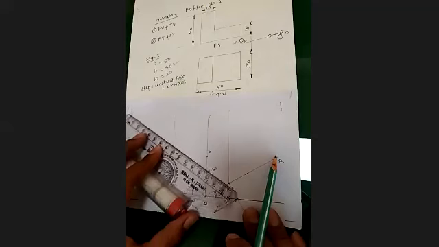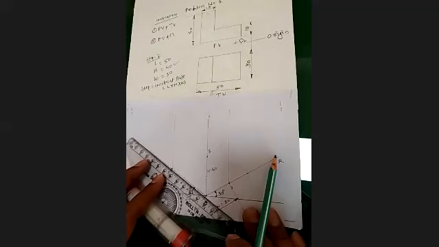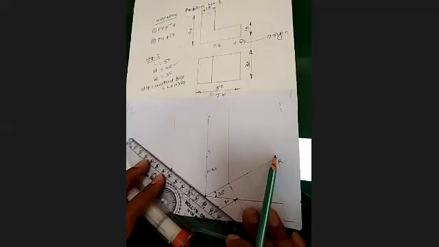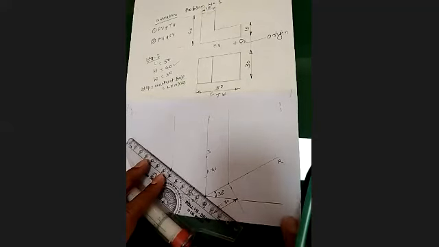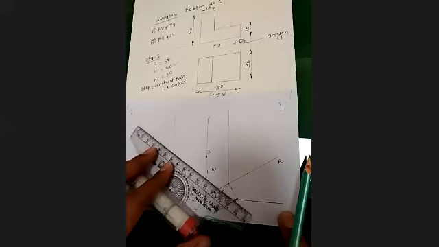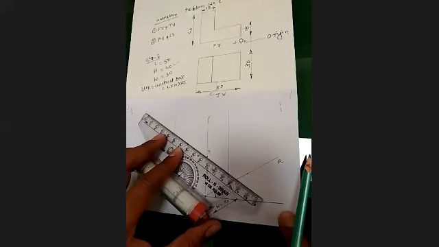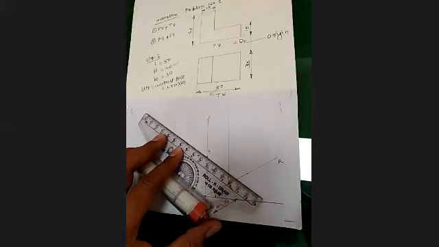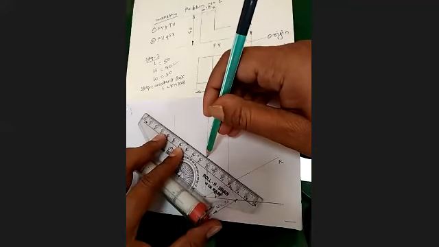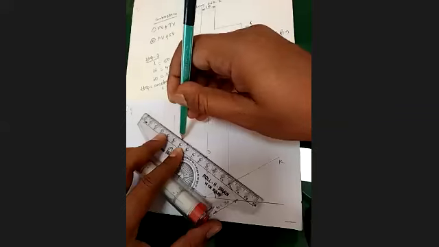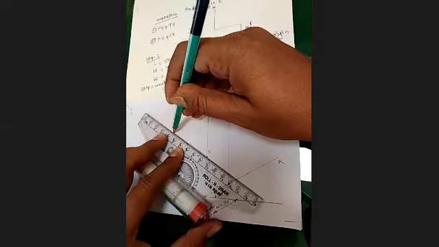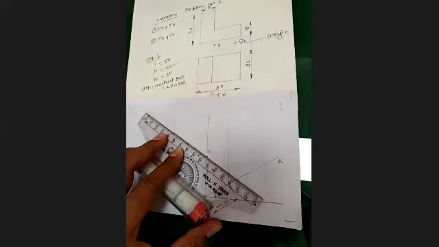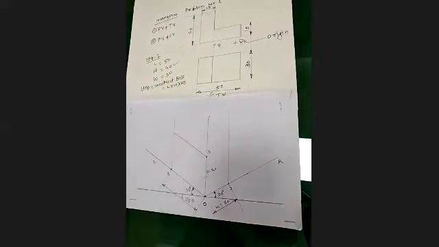Move this roller scale, just adjust it properly, make sure it has free flow, and get the line. This is the line you are going to get.